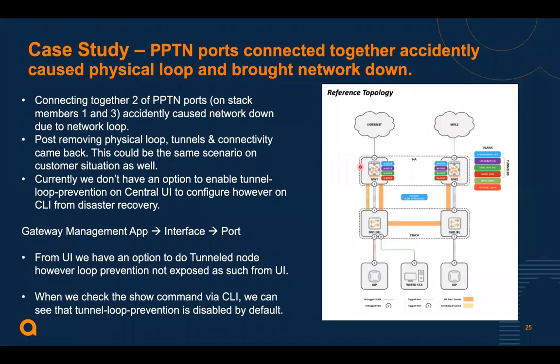Another case study is from the per port tunnel node perspective, where we segregate users. What happened is that in a scenario where the customer accidentally connected another link towards the switch stack, which created a physical loop, the total network was brought down.